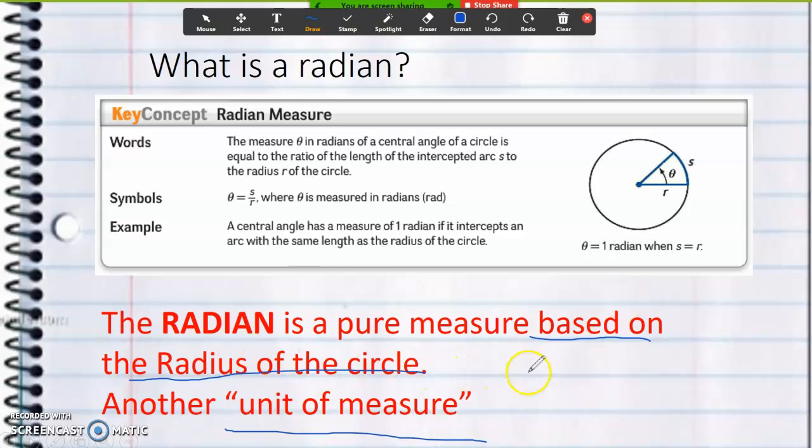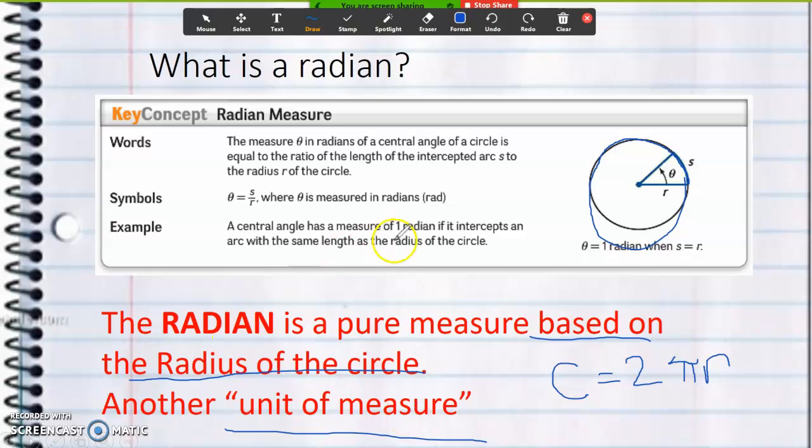Okay, so if we're thinking about this length of a circle, this length on the outside, we should think of the circumference. And the circumference of a circle is 2 pi times the radius.